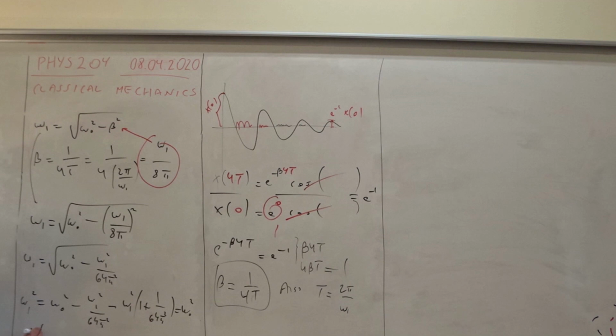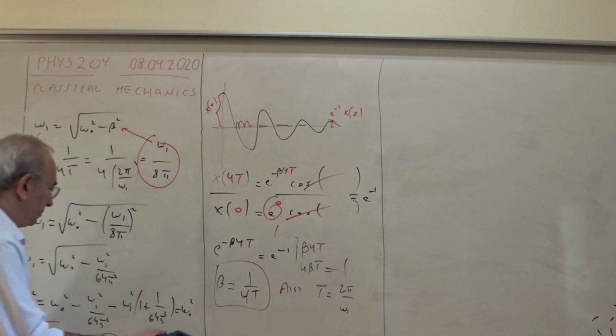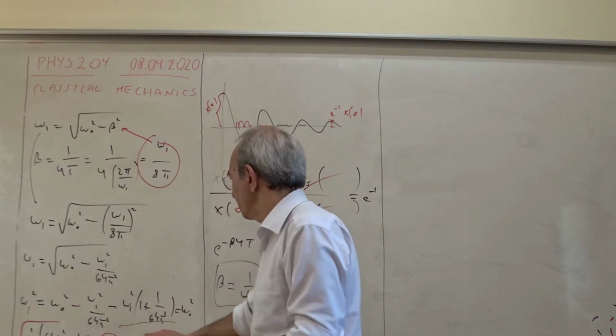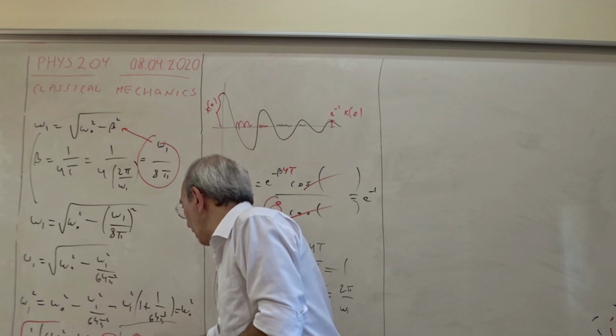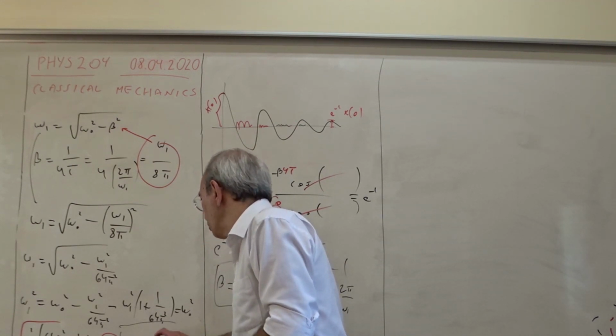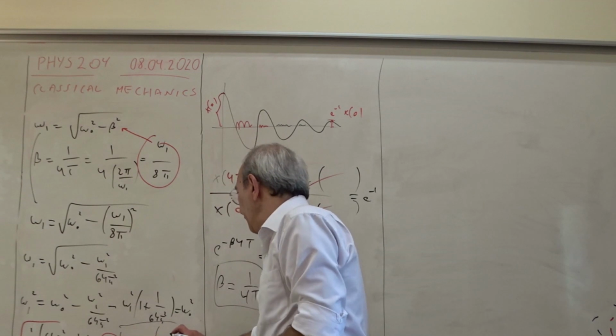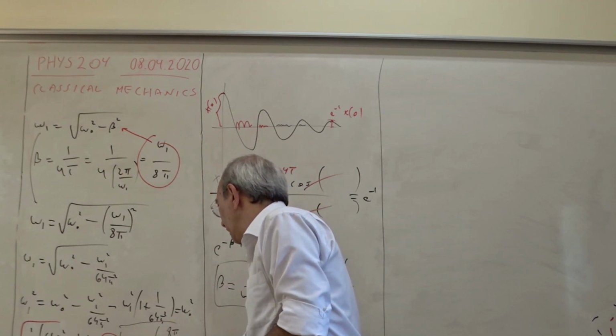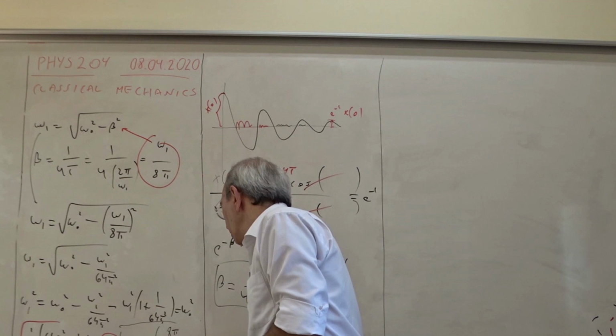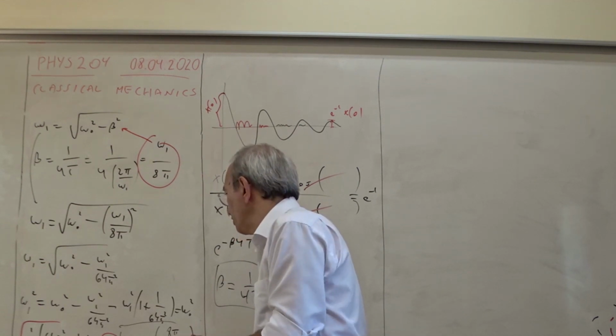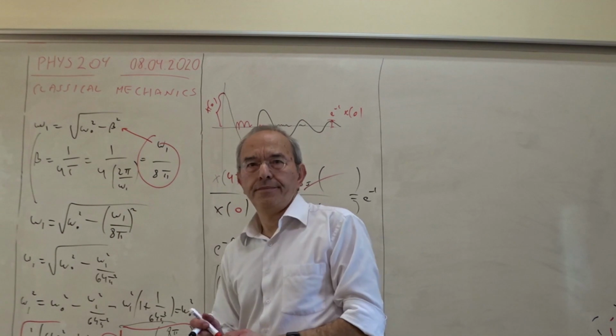So omega 1 squared times 64 pi squared plus 1, divided by 64 pi squared, is equal to omega 0 squared. Now take the roots of both sides again and you obtain the expression. So omega 1 is omega 0 times 8 pi divided by root of 64 pi squared plus 1. This is the expression we are after.